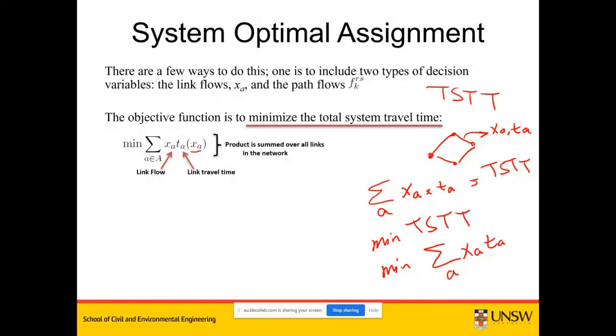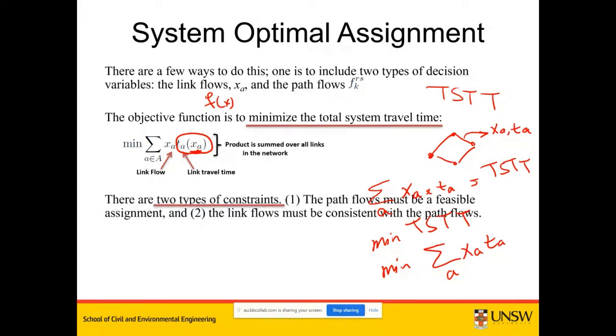Here ta is the travel time as a function of xa, so t(xa) is f(x). So this is xa times ta, and if you sum it up over all the links, it gives you the total system travel time. You want to minimize that, but subject to some constraints.